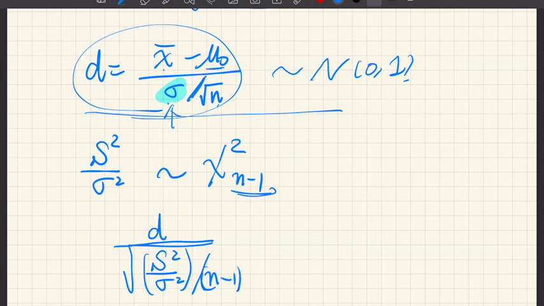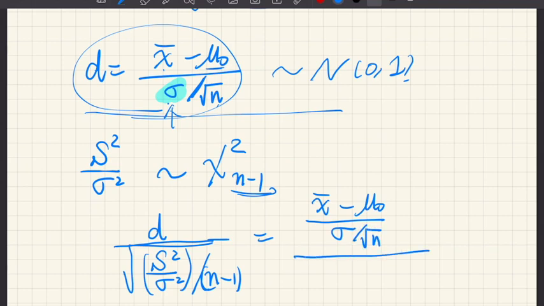we will have x bar minus mu naught and sigma square root of n, and this large S squared divided by n minus 1 is small s squared, and if we take the square root, we have small s out, and sigma out, and this sigma will cancel.